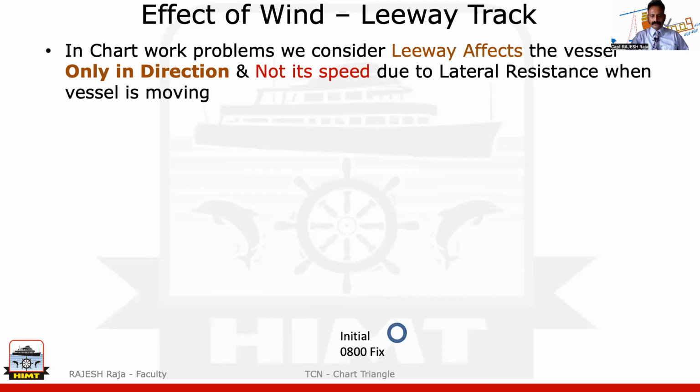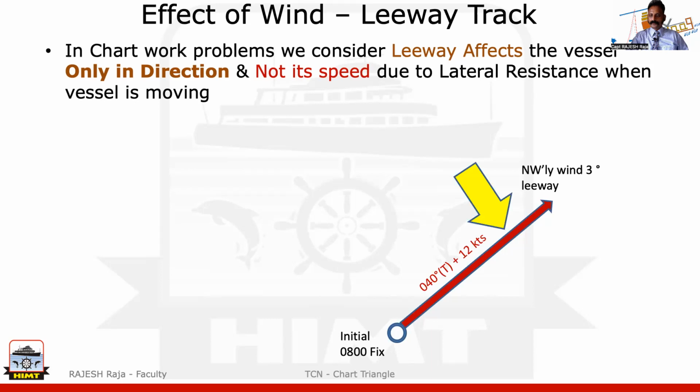Let us look at a small example. Let us say at 8 o'clock, this was my fix. I was steering some course, 045 or whatever it is, or 040. The wind was coming from a northwesterly direction and the leeway was 3 degrees.